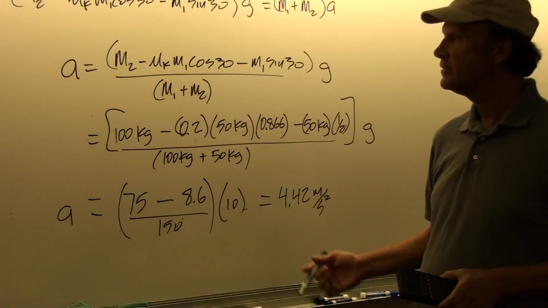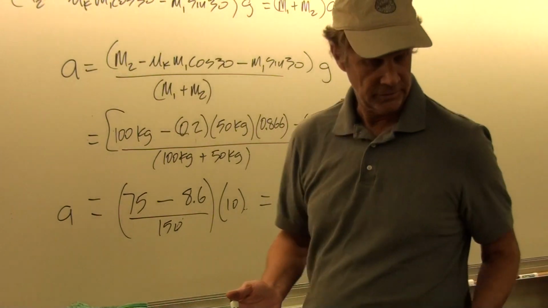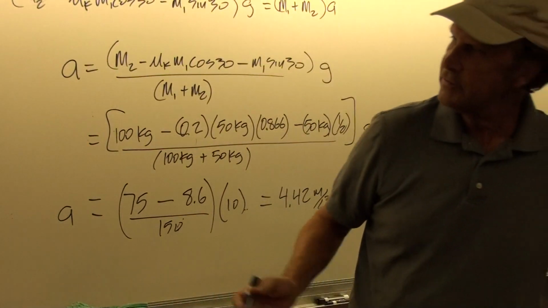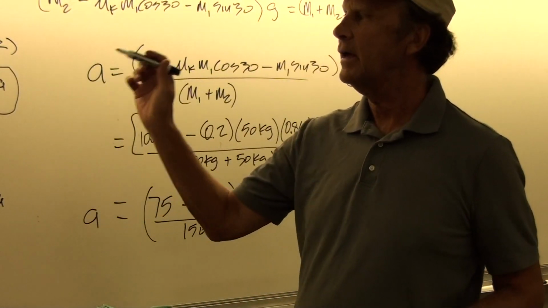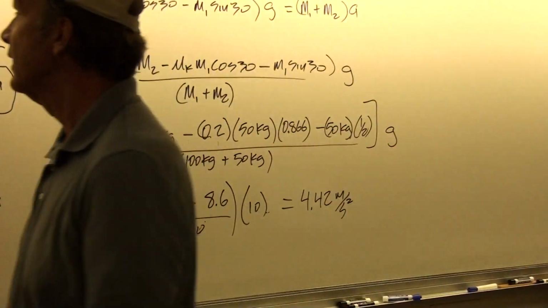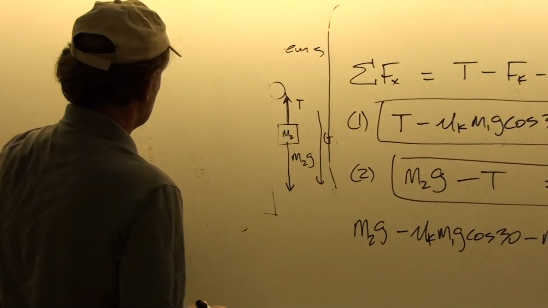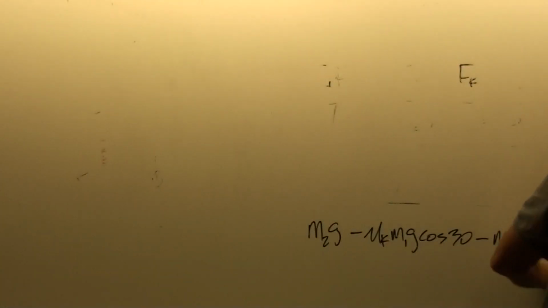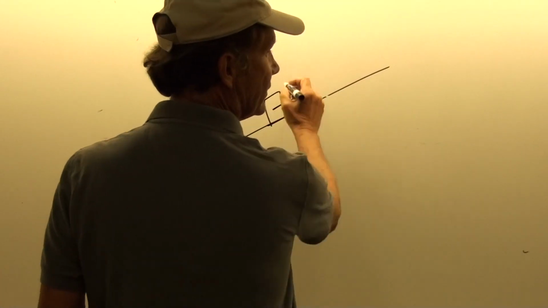Now once we have this solution, we could then go back to our kinematics equations and ask a question like, if you start this thing moving, how long will it take to move, say, 5 meters up the incline? So now we have an acceleration.